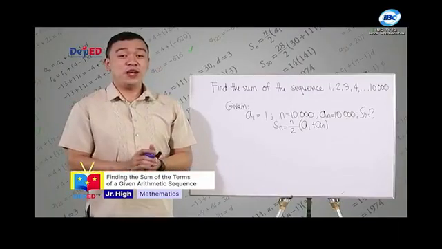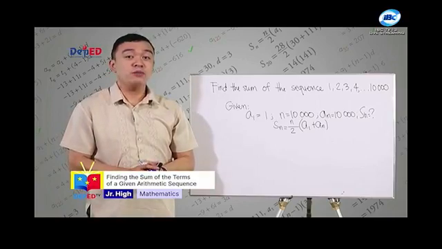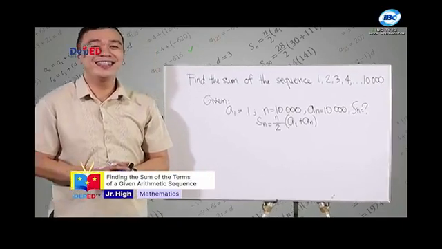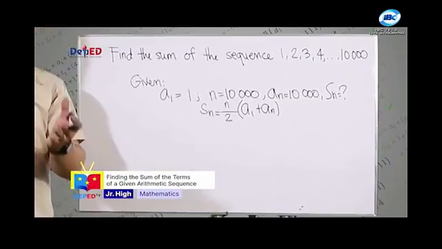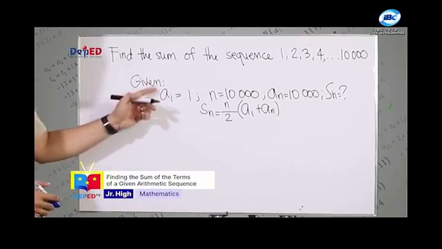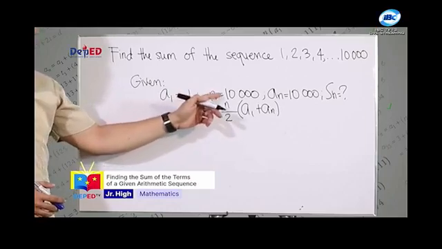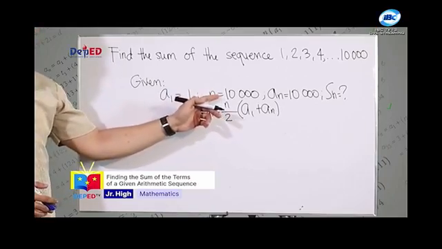Find the sum of the sequence 1, 2, 3, 4, up to 10,000. From the sequence, we can notice that the given a sub 1 or first term is equal to 1. Our n is equal to 10,000.